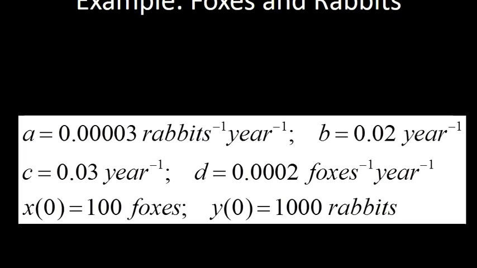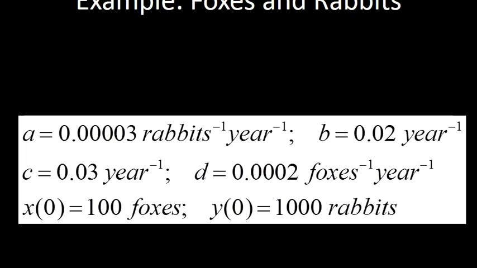A and D, which are the growth of the predator and the death of the prey, are second order units, so they depend on the other species. And then B and C, which are the death rate of the predator and the growth rate of the prey, are independent, and they'll just have units of time.